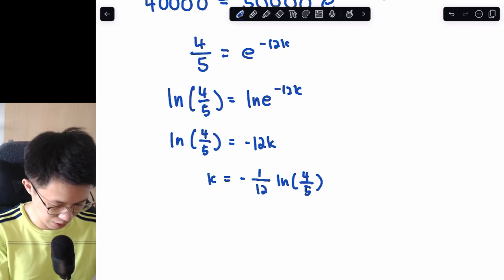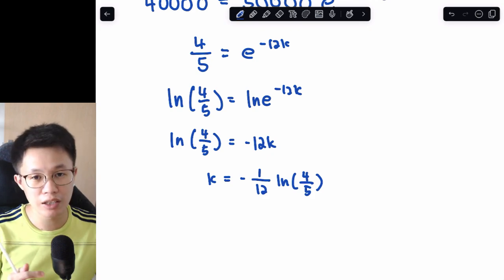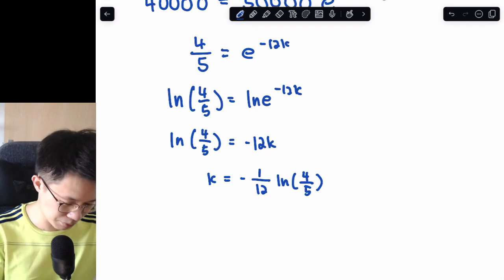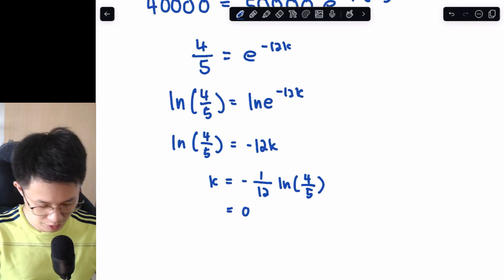Why is there a negative there? Because if you calculate the value of ln 4 over 5, it should give you a negative answer. And that's why you need to multiply it by another negative, such that you get a positive decimal value in this case.